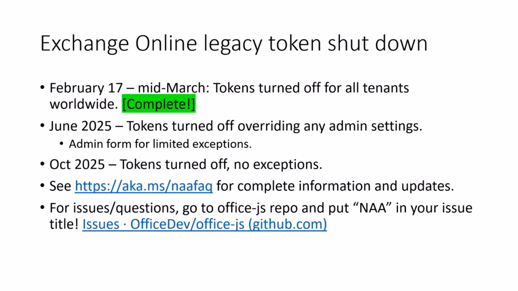We sent out a message center post earlier this week to those admins, asking them, before June hits, to do a scream test, where you turn the tokens off and see if anything breaks, just to suss out any last few add-ins that might not have been updated yet. So anticipate that they'll be doing that over the next couple of weeks.